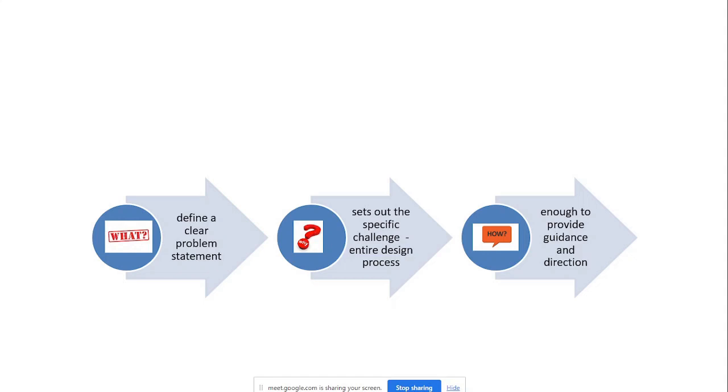After that, I move to the how question. The how question gives the direction of a solution. So these three questions are important in the define area. In define, we may get full satisfaction with the understanding phase.